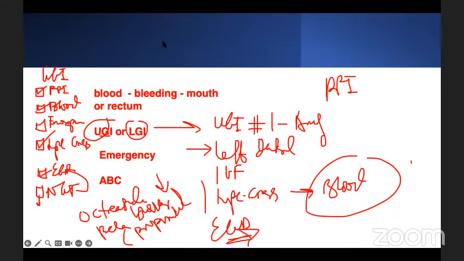I don't have any question, but this is what is going to happen. You have diverticulitis, and I give you a WBC of 24,000. You have appendicitis, and you have a fever of 103.